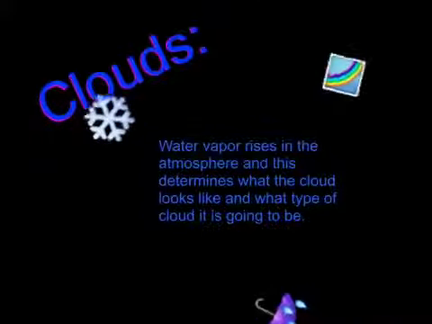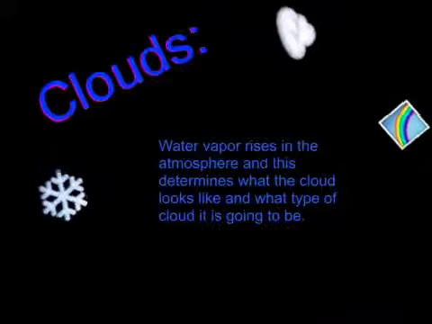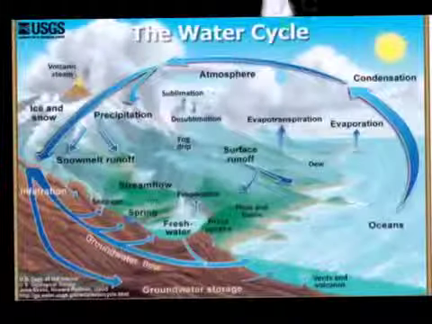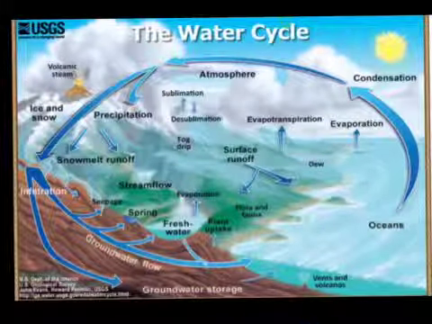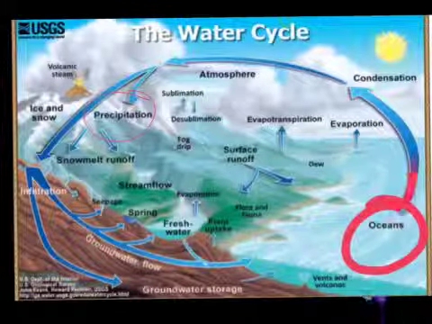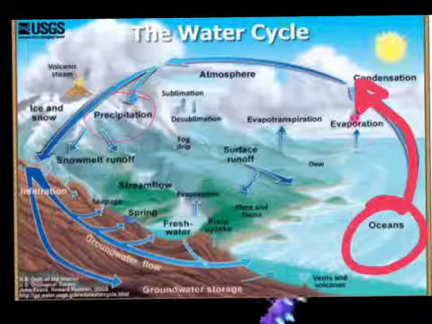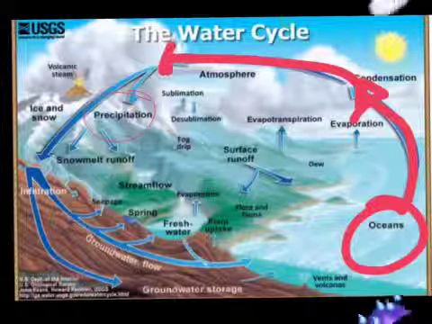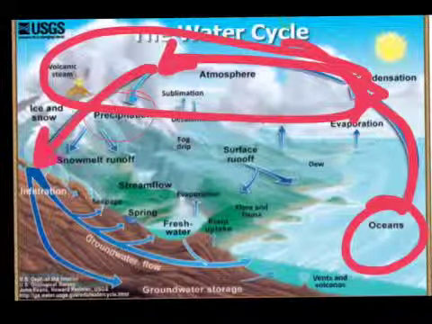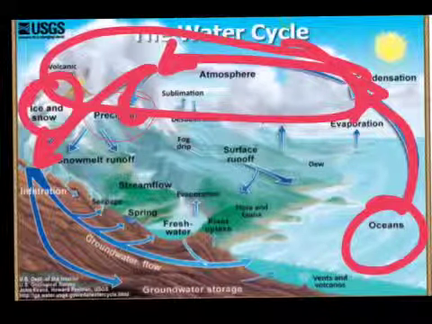So here's the water cycle, and what it's showing is that there's precipitation, okay? But first, it starts off from the oceans. Then it comes up to condensation. Then it goes into the atmosphere and makes these clouds. Then it goes down to precipitation and ice and snow.